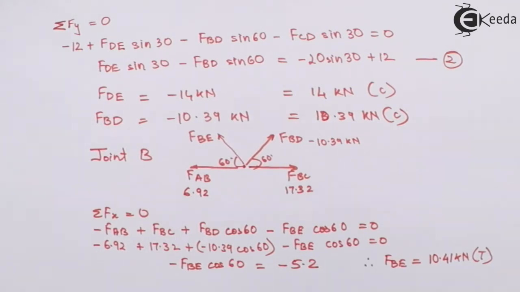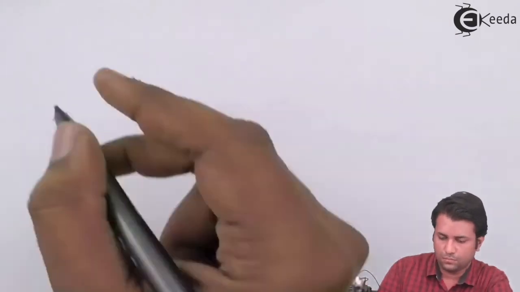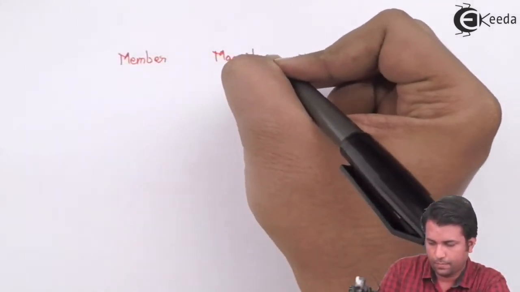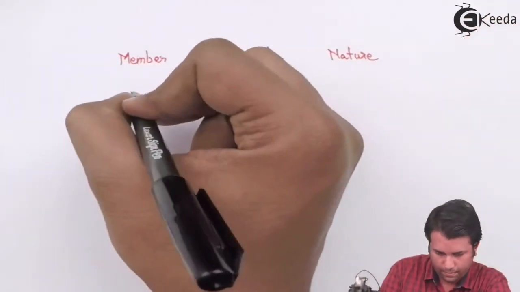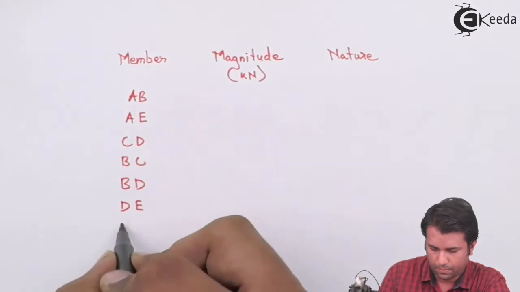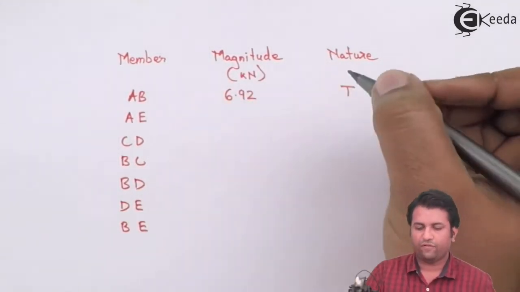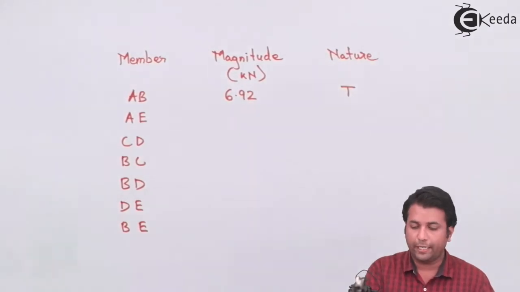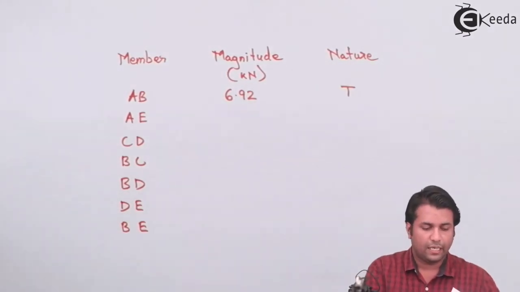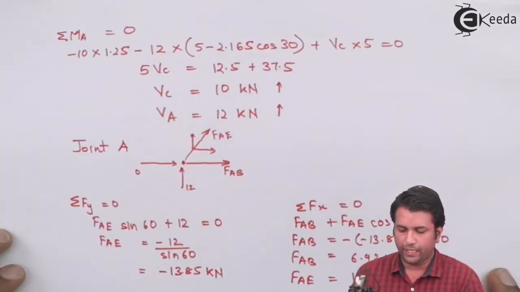Now all I need to do is tabulate the results. I've got the value for AB as 6.92 kilonewtons, and that is a tensile force. You can check it over here.